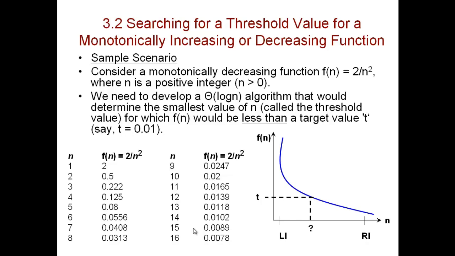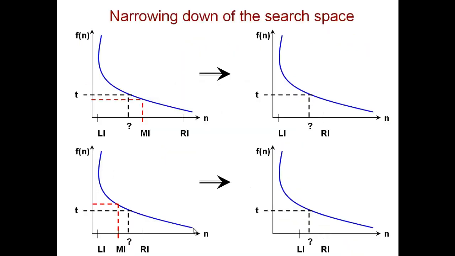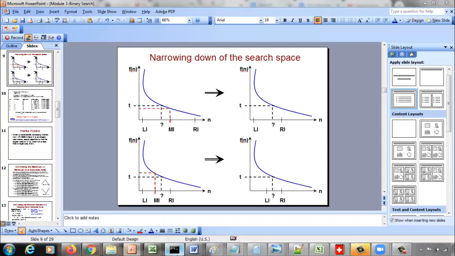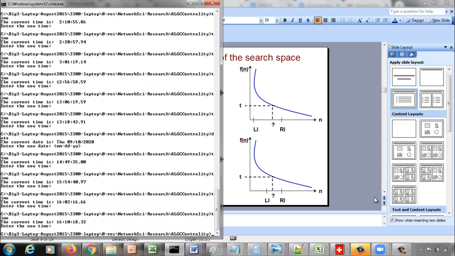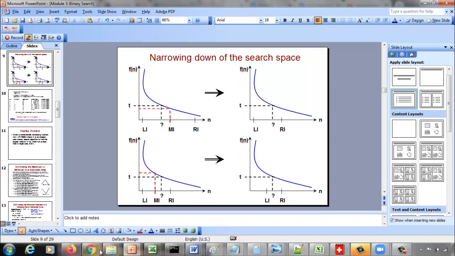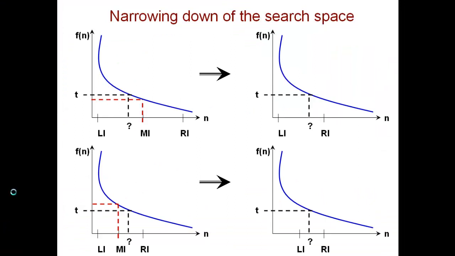for this problem. Alright, so what we need to do is, again, define an invariant. Where will this threshold value be? We would say the threshold will be somewhere between the left index and right index. It could be the left index, or the right index, or somewhere in between.